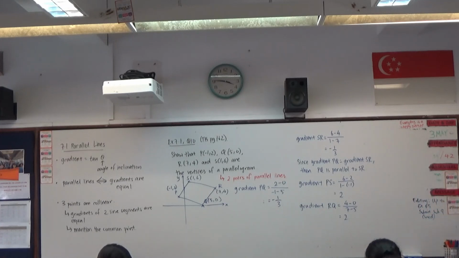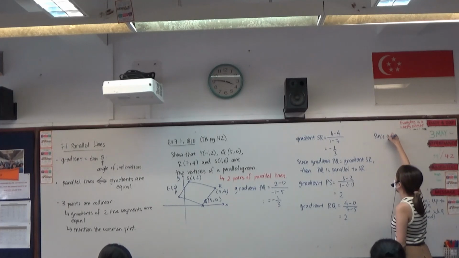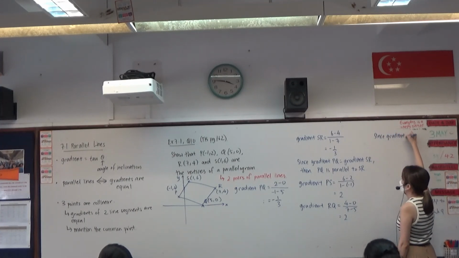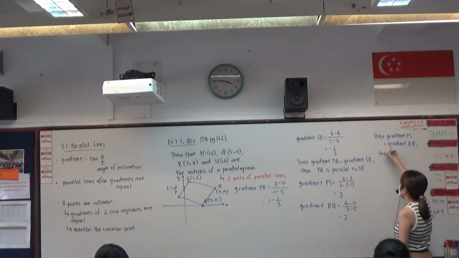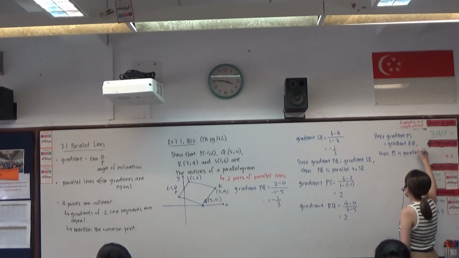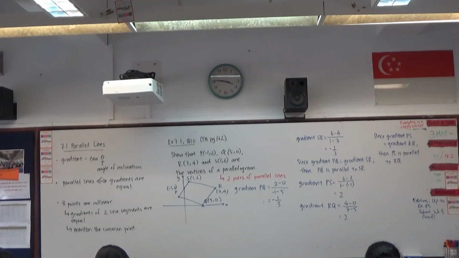So gradient of RQ is also 2, and we can say that with this, gradient of PS equals gradient of RQ. So the two line segments are parallel. Okay. Well, is this sufficient as the answer to the question?